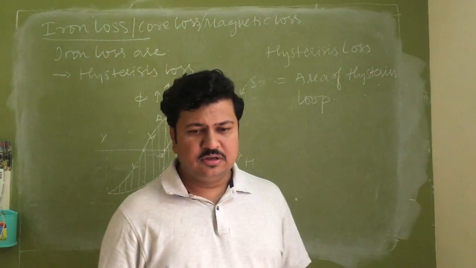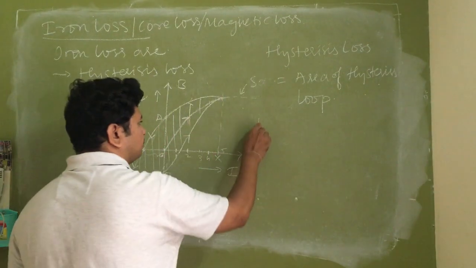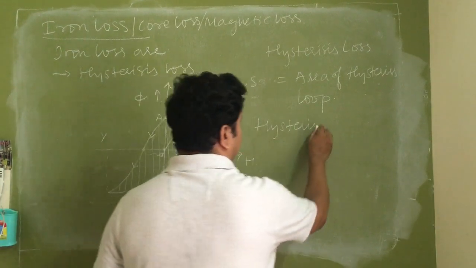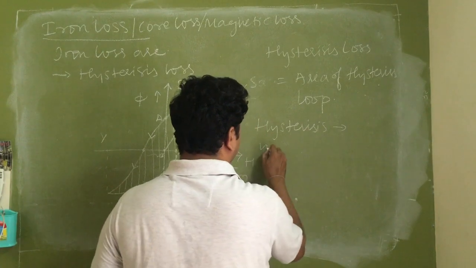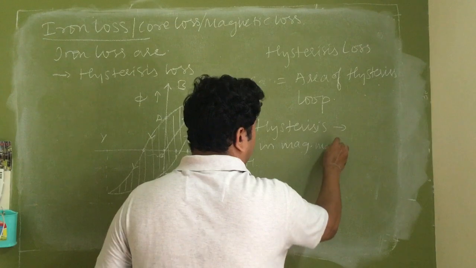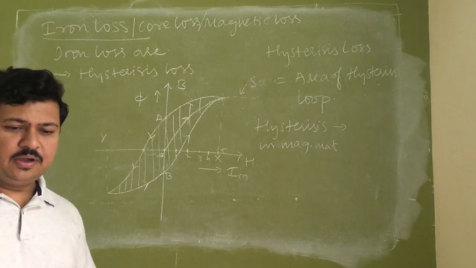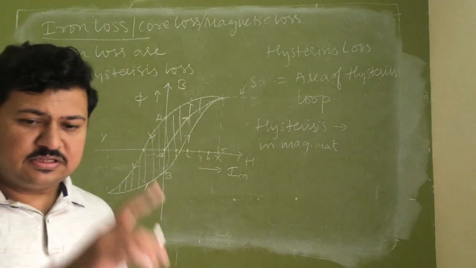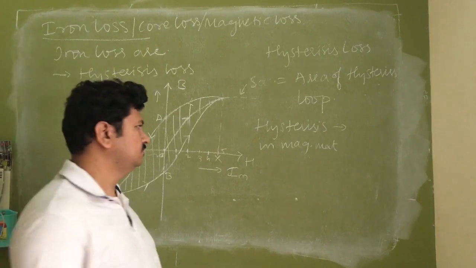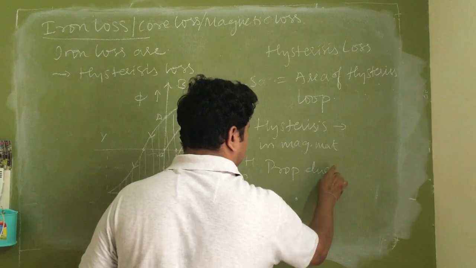Hysteresis in a magnetic material is the property of the material due to which the magnetization and demagnetization curves will not coincide.